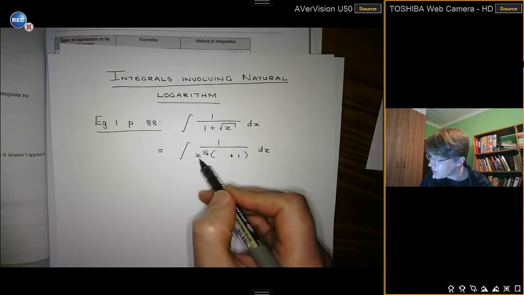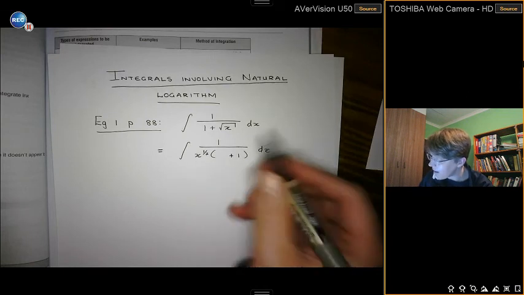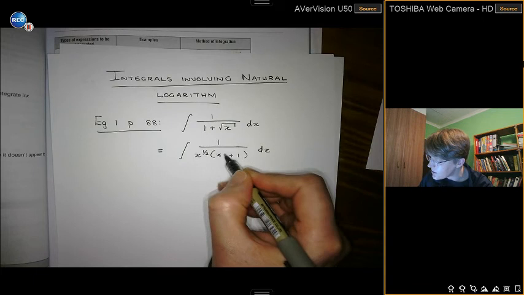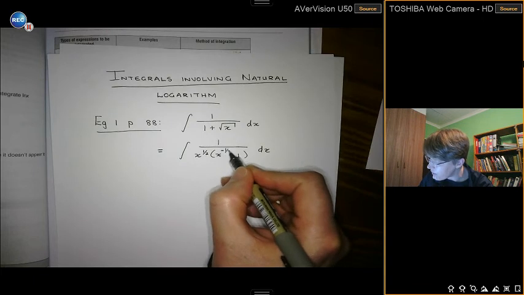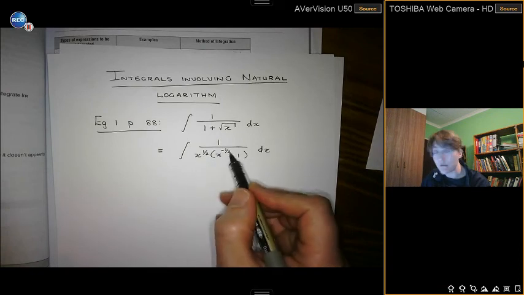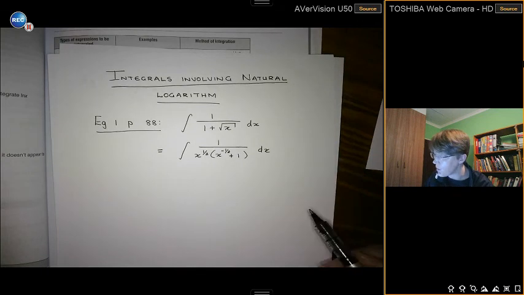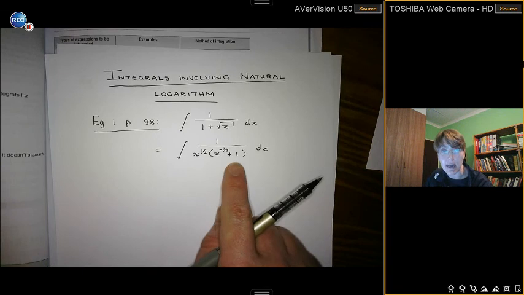But hopefully you guys will be able to spot that if I take x to the power of a half out there, I just need to put x to the power of minus a half over there. Because x to the power of a half times x to the power of minus a half means it's x to the power of a half plus a half, minus a half, which is 0. And x to the power of 0 is equal to 1. So I manipulate it in such a way that it actually works out like that.